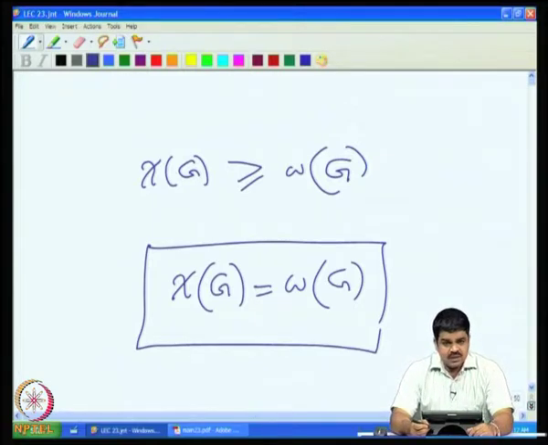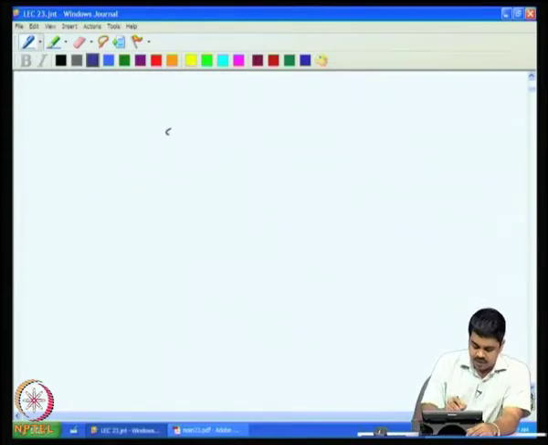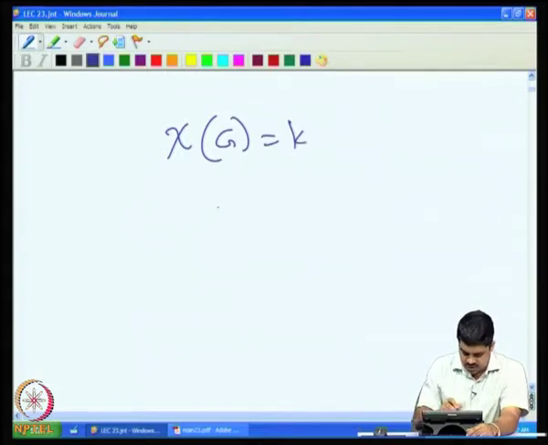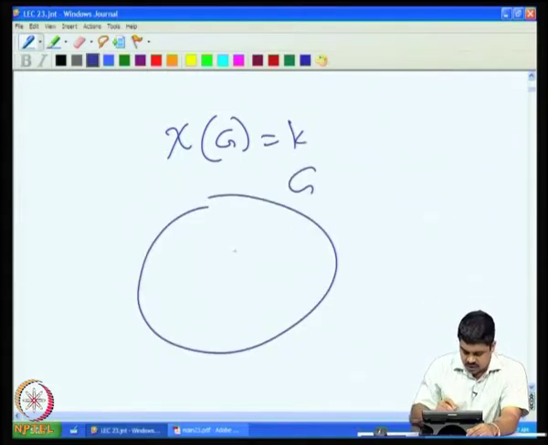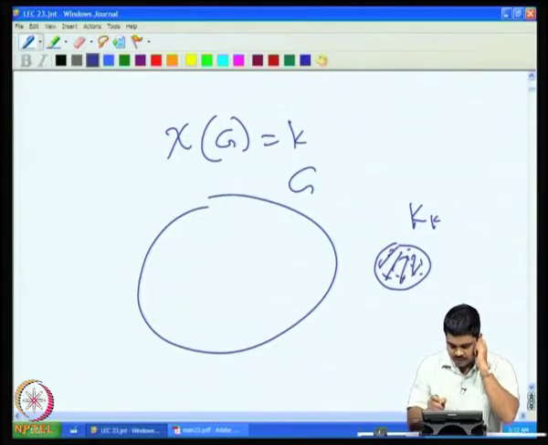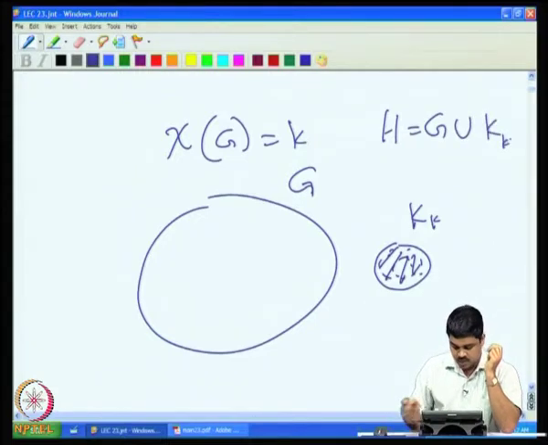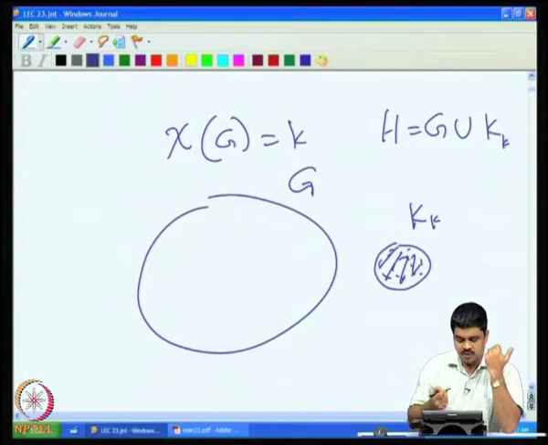As such it does not make much sense, because you can take any graph G with chromatic number k, and then put a small clique on k vertices. So H is equal to G union K_k. The clique number will be k and the chromatic number will be equal to k.